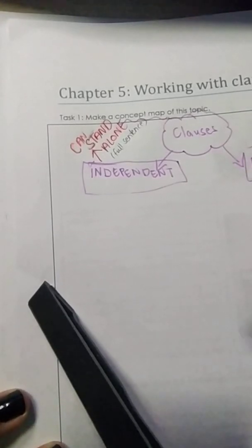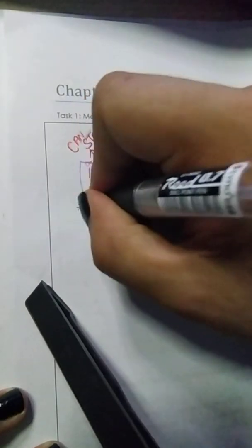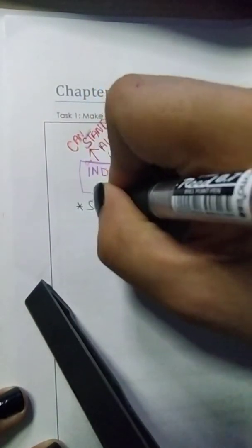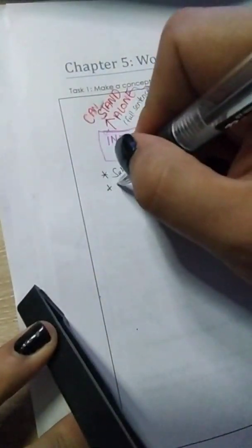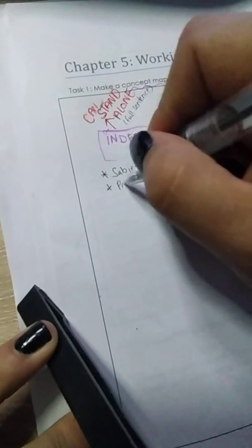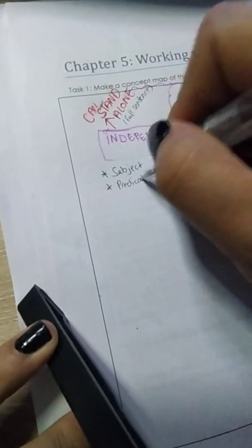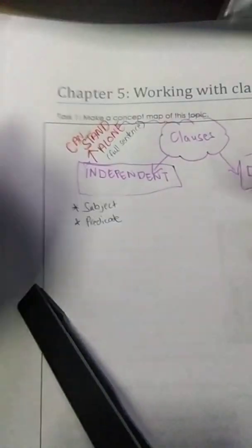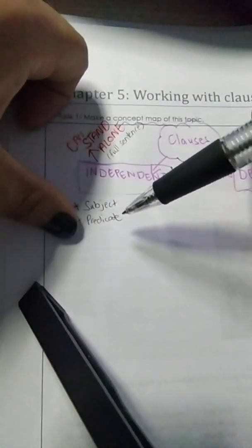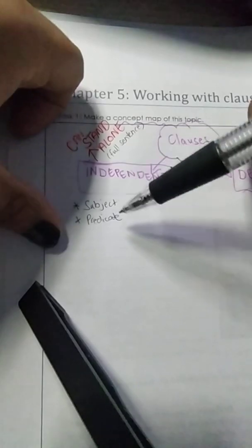The first thing that I know is that for every sentence there must be a subject and there must be a main verb, a predicate, right? So those are the first two things that I have, a subject and a predicate. I must have those two things. If I don't have them, this is not a full sentence.